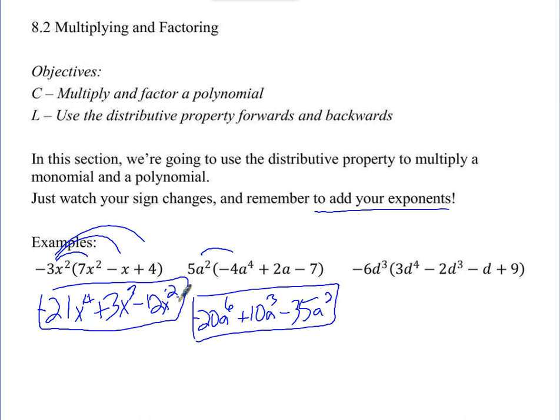So basically what's happening on these is you're multiplying the numbers together and then you're adding the exponents on the variables. A to the 2nd times a to the 4th is a to the 6th. So just keep that straight. Go ahead and try that last one.